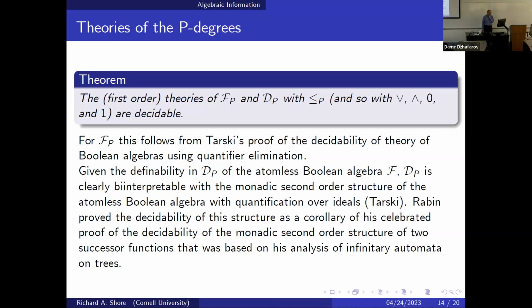So this is a well-known and important theorem in computability in the sense of computer science, right? And he pointed out in his paper that the atomless Boolean algebra with its ideals could be interpreted into the binary tree with two successors and automata on it.